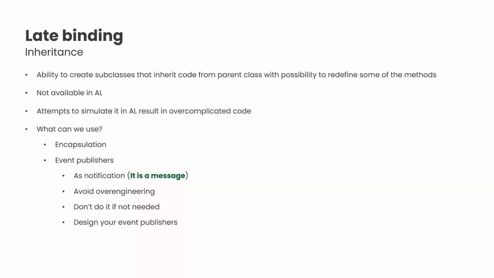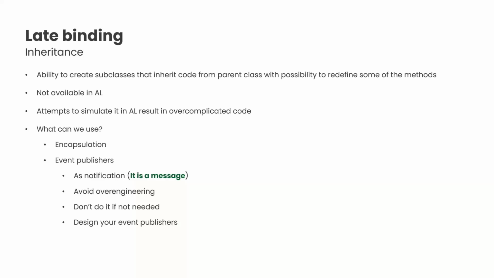And I saw some attempts made by C# developers when they were trying to simulate inheritance in AL, and the result was very overcomplicated code, which was hard to understand for just AL developers. So I would rather try to avoid it if possible, and try to design the application a different way, if you can. But sometimes you may need something.